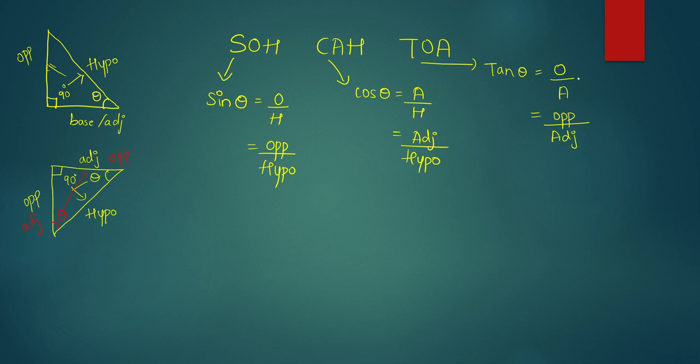So this is how you can define the trigonometric ratios sine, cos and tan when you know the word SOHCAHTOA, where the first alphabet S stands for sine, C stands for cos, T stands for tan, and O, A and H are opposite, adjacent and hypotenuse. If you keep this in mind, then it is easy to solve any kind of problems on trigonometric ratios.